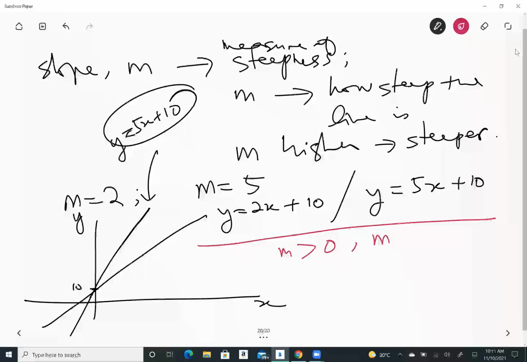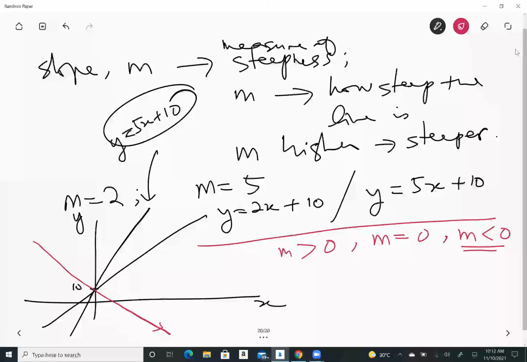Now the slope can also be equal to 0, and the slope can also be less than 0. When the slope is less than 0, you will see the line is going downward. So the slope is negative, the line is going downward.